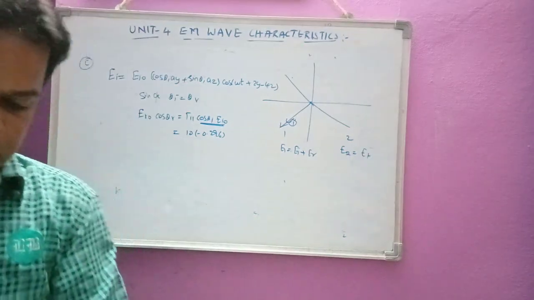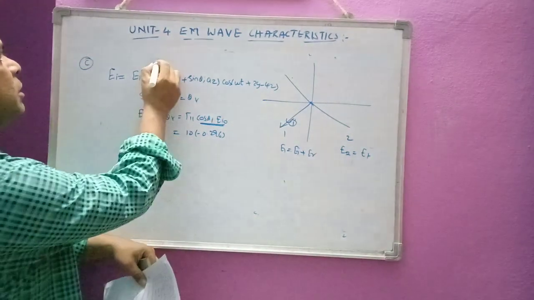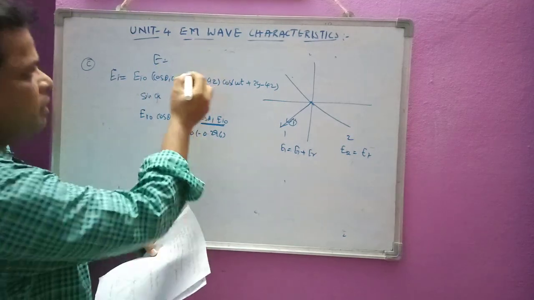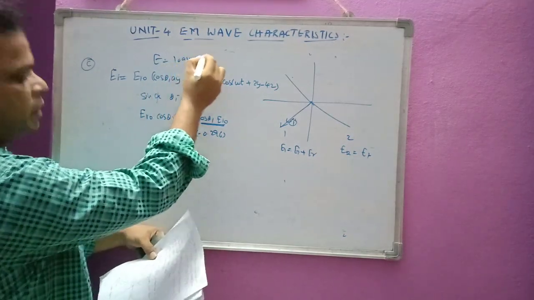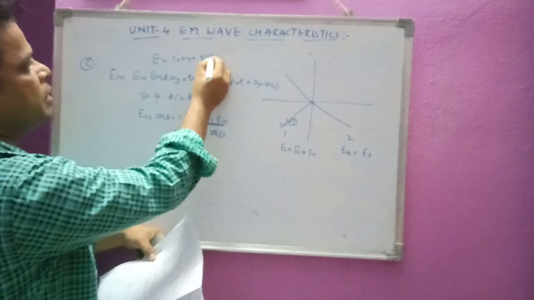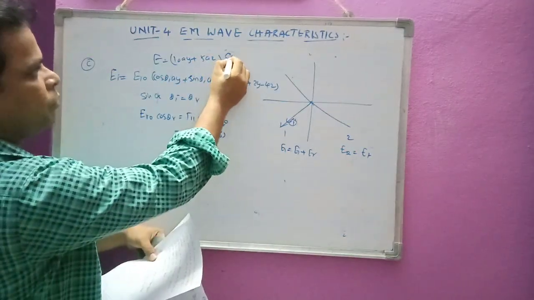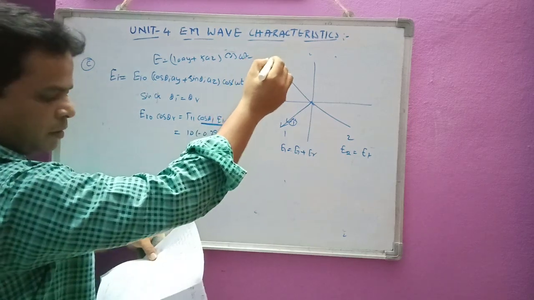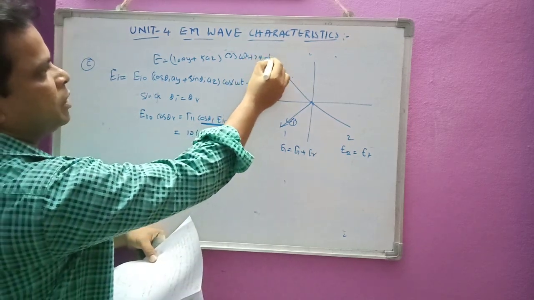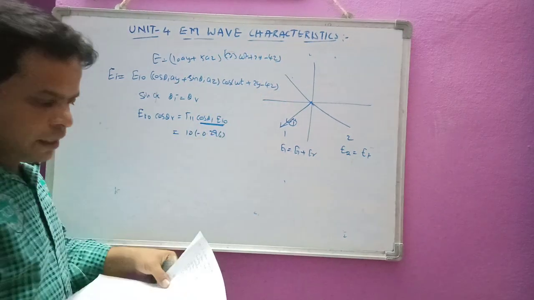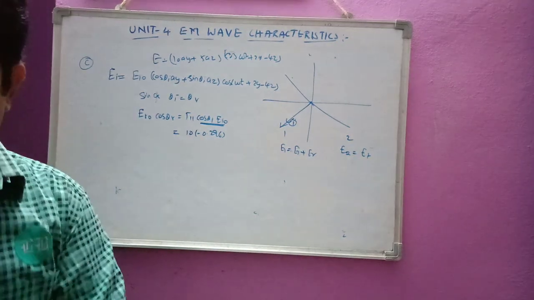You can check the question: E is equal to 10 ay plus 5 az, times cos of omega t plus 2y minus 4z. From this I am going to write this value.